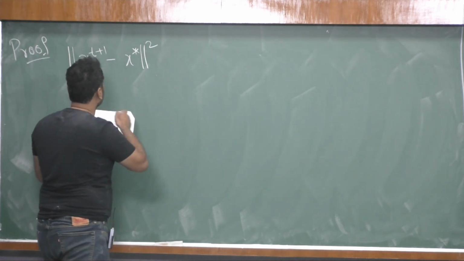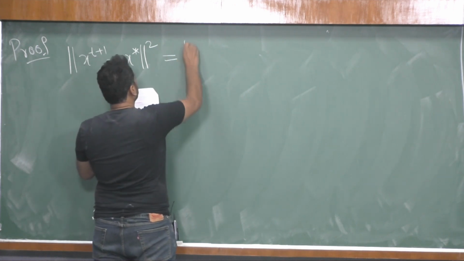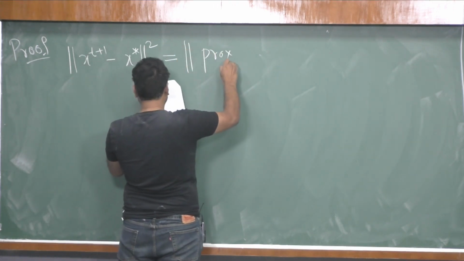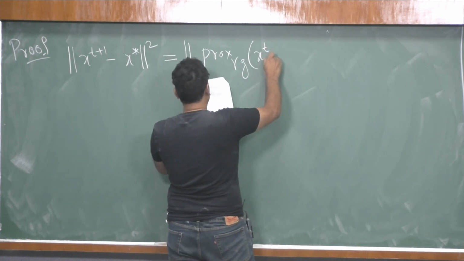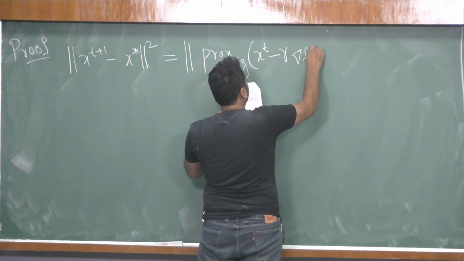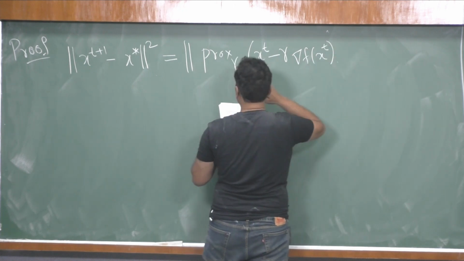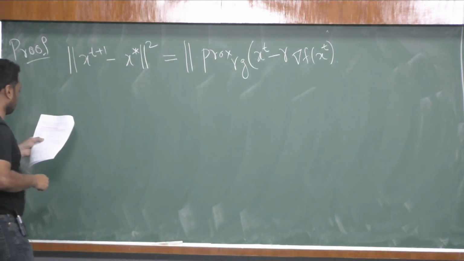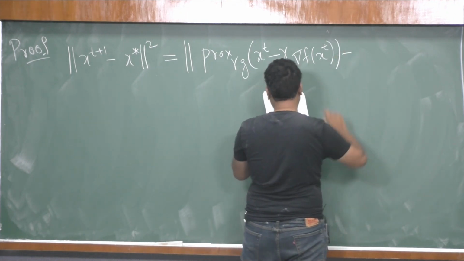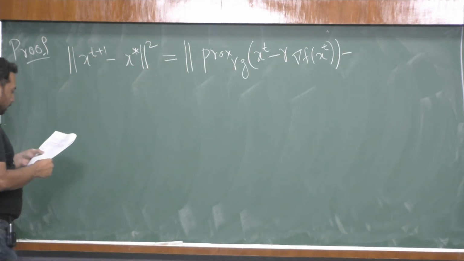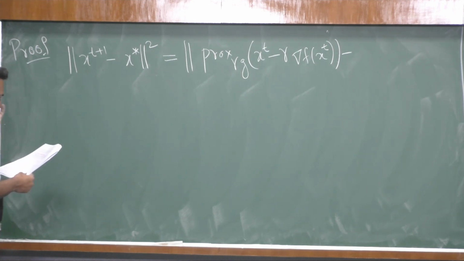We use that fact because this is a proximal gradient descent. And for x star also we can write this, because at x star the gradient will be flat and proximal of x star will be the x star itself.